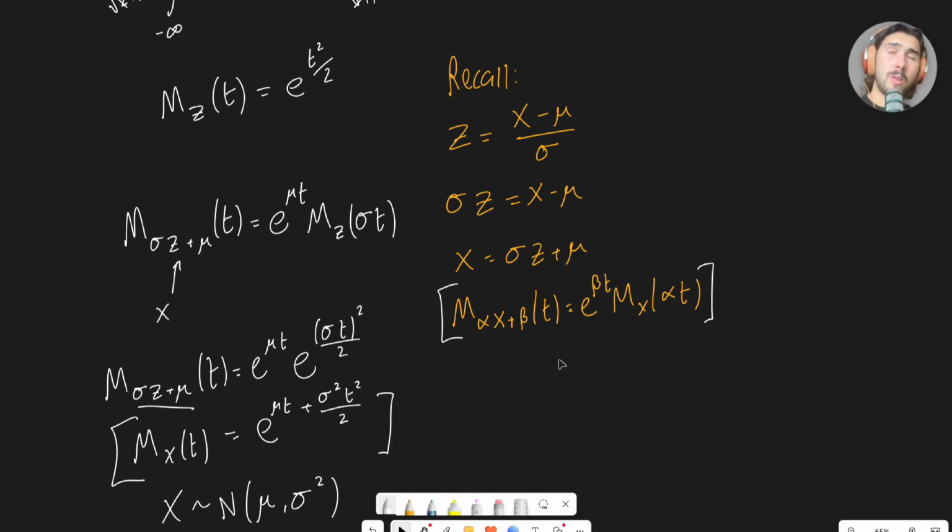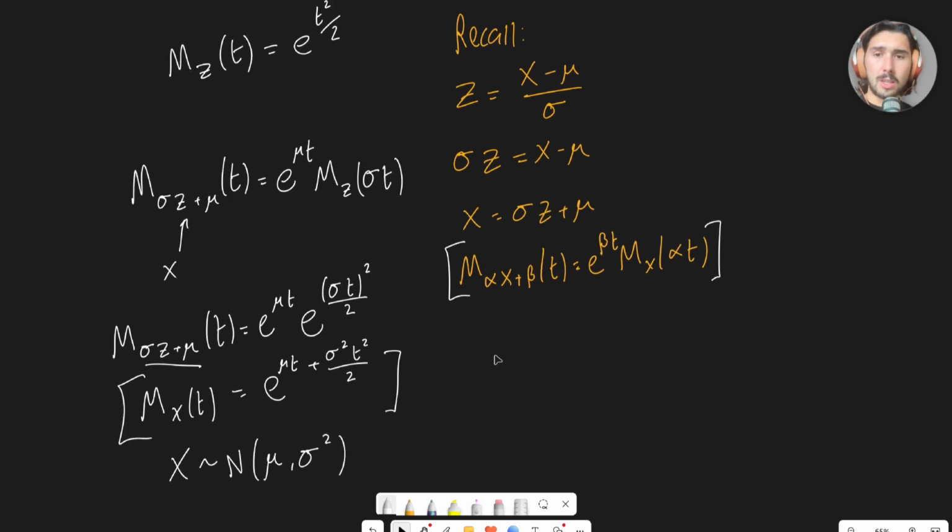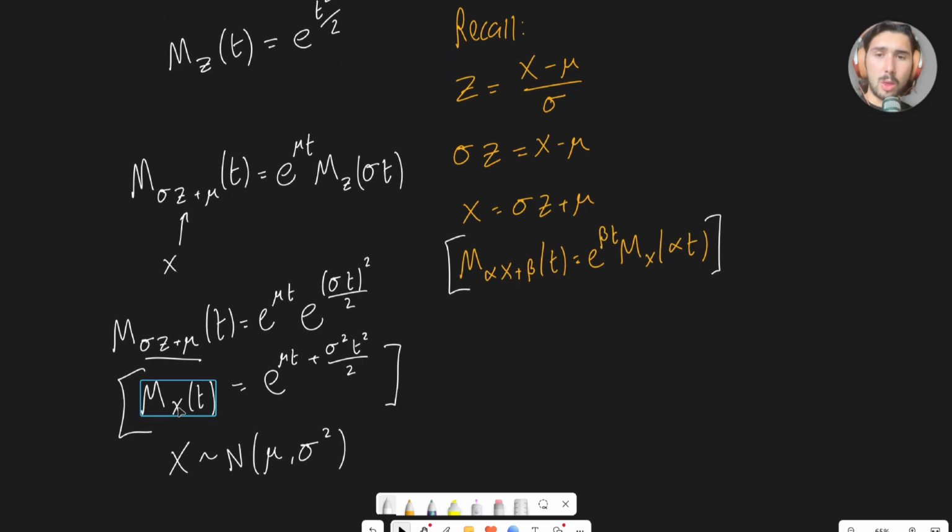Any normally distributed random variable is just a linear function of the standard normal distribution. That's just a property of the normal distribution, and so we used exactly this. Again, the derivation of this is in the description. And we ended up getting our moment generating function for any normally distributed random variable.